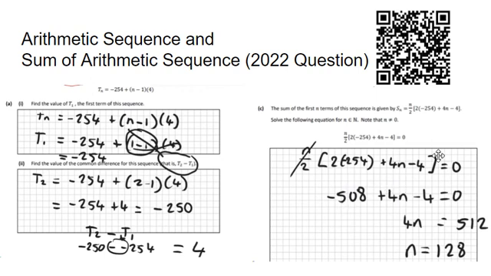It's moving the minus 508 across, it becomes a plus 508, and the minus 4 across, and it becomes a plus 4, and then divide by 4 in the end to get n. So in here you're not actually putting things into that formula, but it's an important formula to understand.